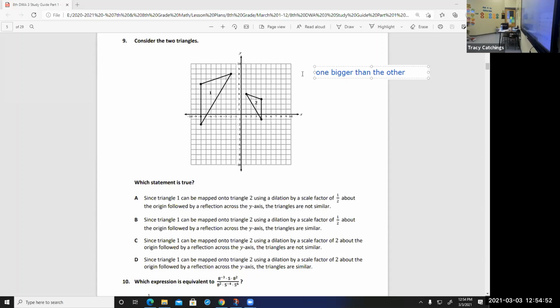So anytime we have one that's bigger than the other, it's known as a dilation. That means the shape got bigger or smaller, but it will be the same shape. So I love how you know this is the same triangle.